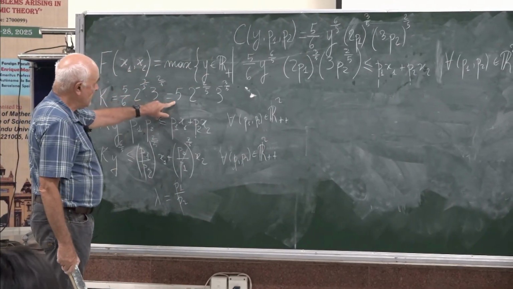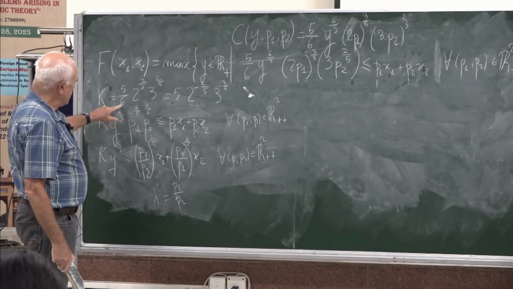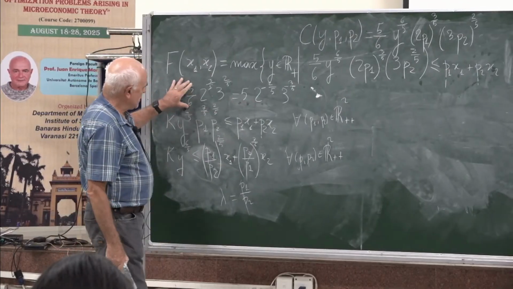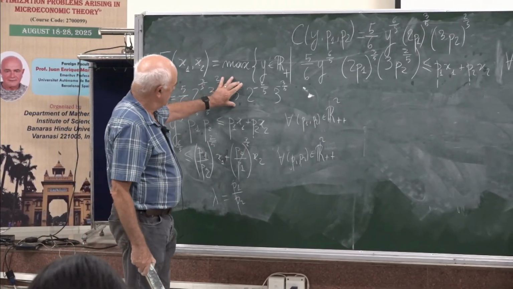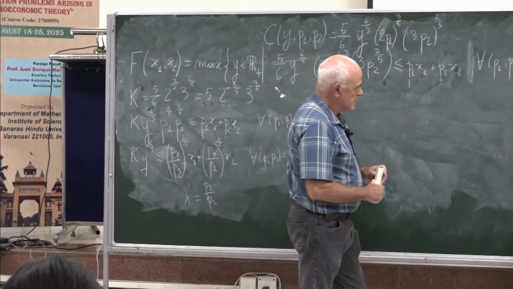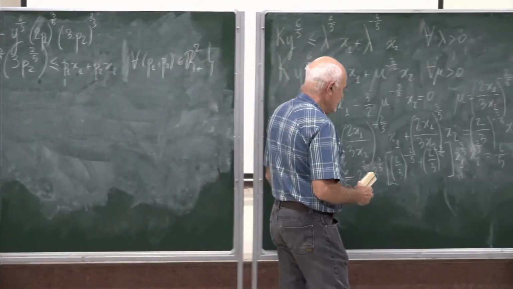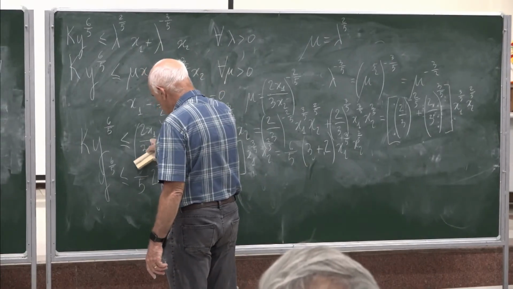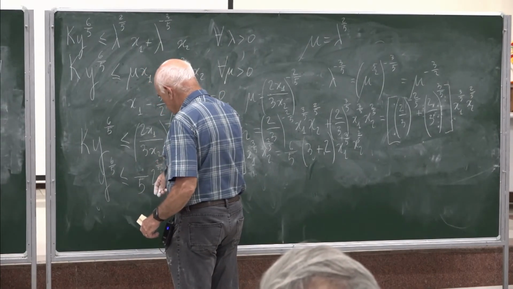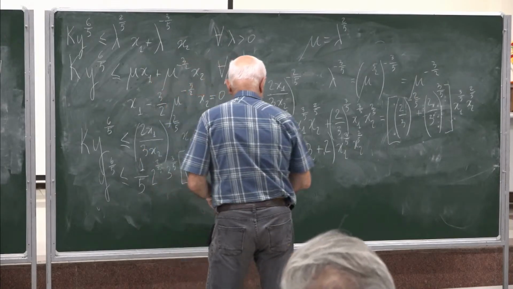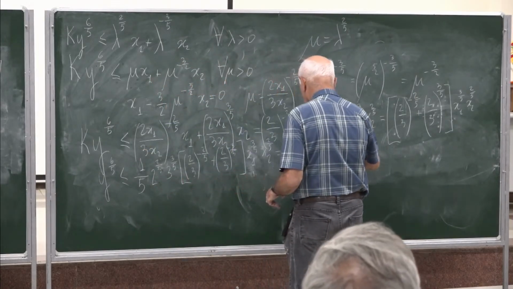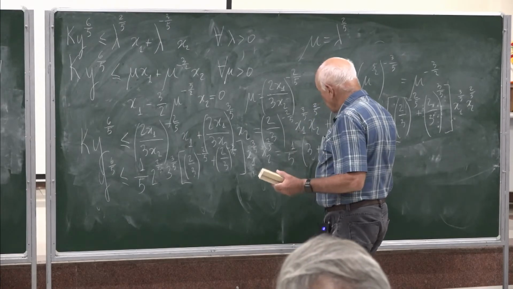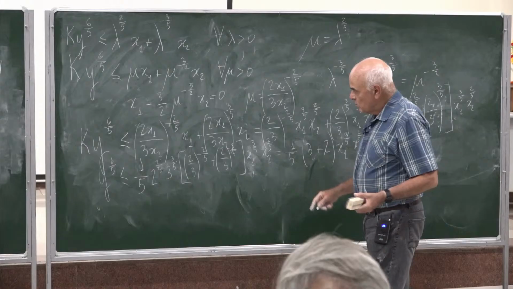No, because it's 5. The 6 disappeared here. But I was using this expression instead of that one. So there is no 6. Should be 1. Three plus 2 makes 5, divided by 5 is 1.